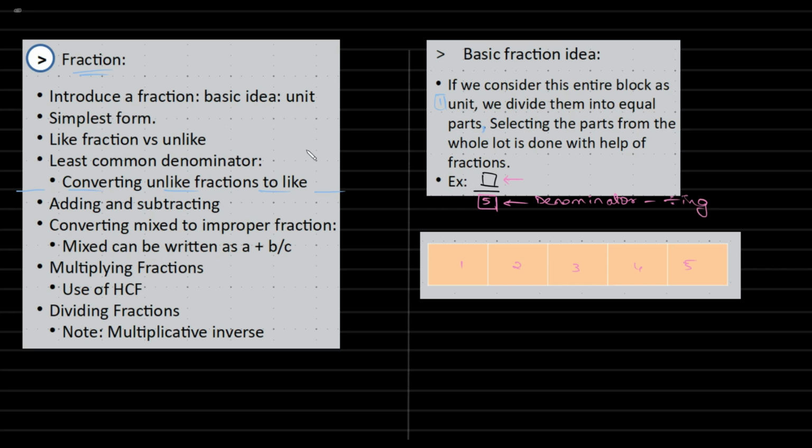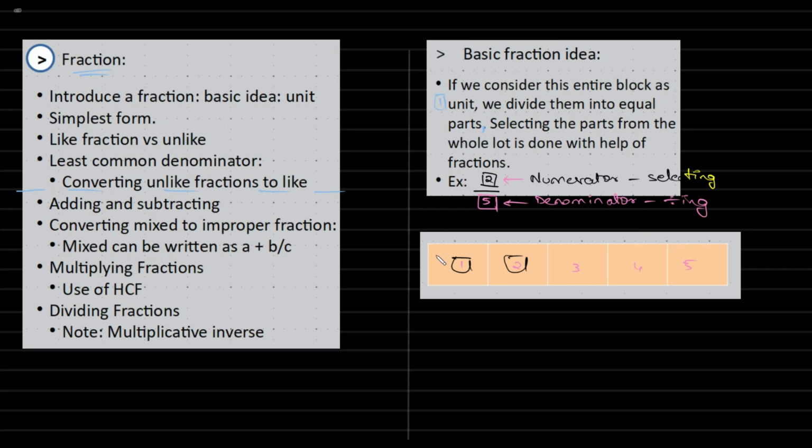Now say a person goes and says, I want to buy 2 of it. So out of the 5 plots, he is buying 2 of it. This is known as the numerator, and this talks about selecting. Okay, this talks about selecting, and the denominator talks about dividing the unit into equal parts.